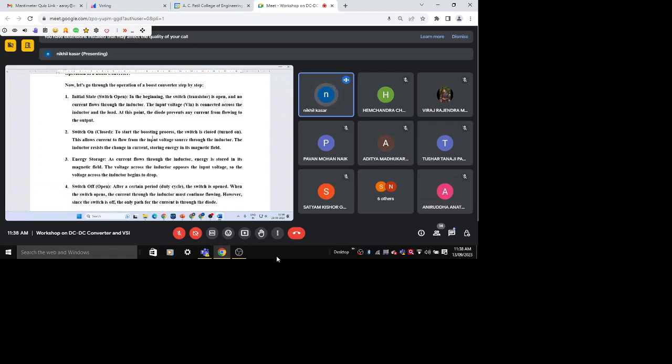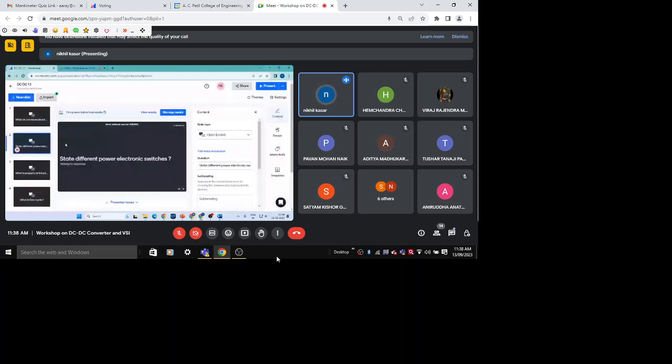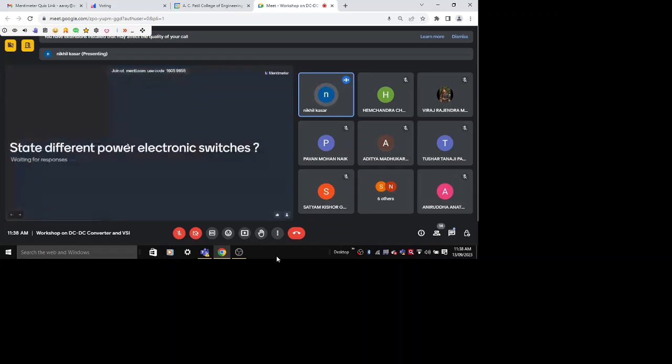What we are now discussing is whether the power electronic switch is in on state or off state. Any different power electronic switch, you can put that answer in the comment section. Those who are present, I have already given examples and different names of power electronic switches that you already know, but that will make your understanding better.